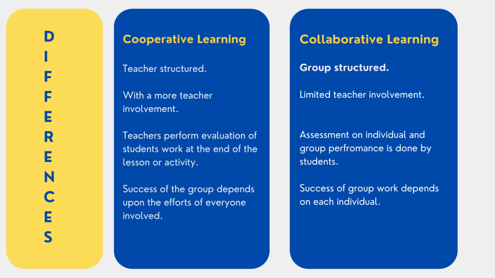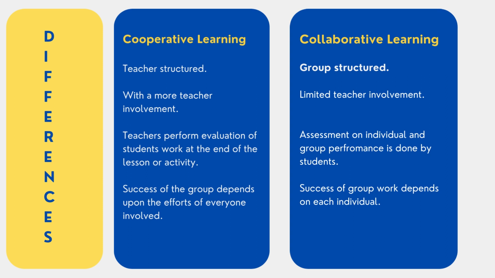Students source material to help them complete the activity. The activity is not monitored by the teacher, although they can help when assistance is requested by the group, hence limited teacher involvement. Assessment of individual and group performance is done by students. Also, the success of the group work depends on each individual.